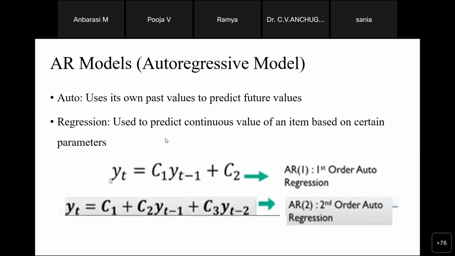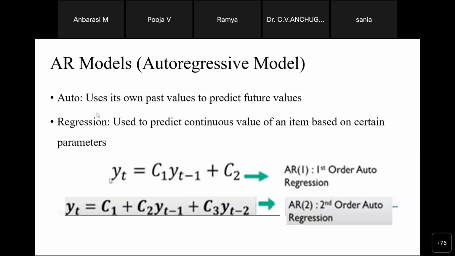Even in predictions, we have a regression technique, y equals alpha plus beta x. There we draw one line. If you know the value of x, we can predict the value of y. So based on some parameters, we can predict some values. That is what we call regression in prediction techniques.